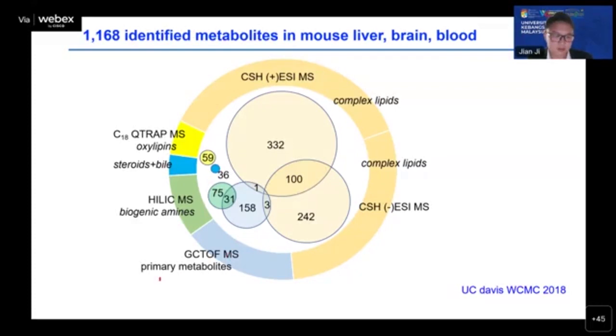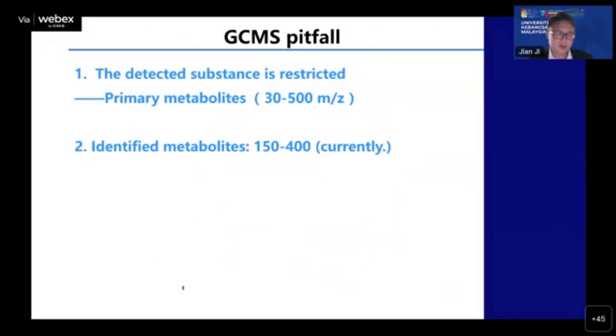In the GC-TOF, around 200 primary metabolites could be annotated, which means the number is not large. In GCMS, the identified metabolites normally range from 150 to 400 with current technologies.